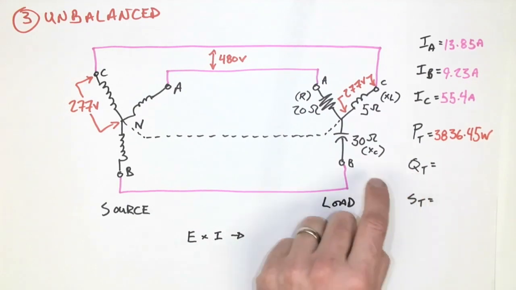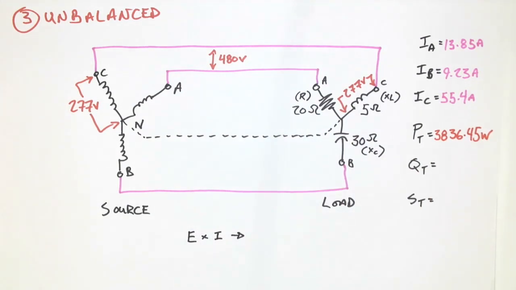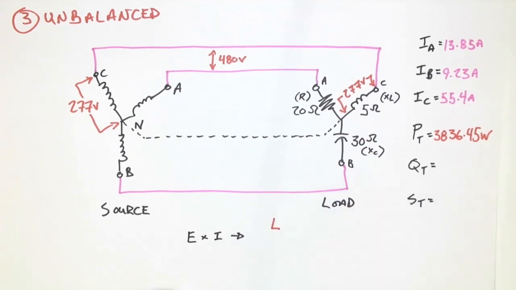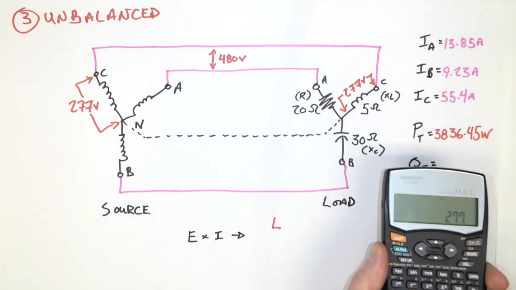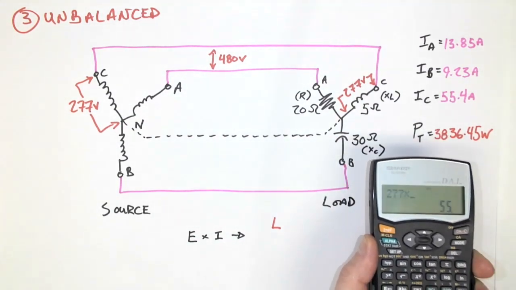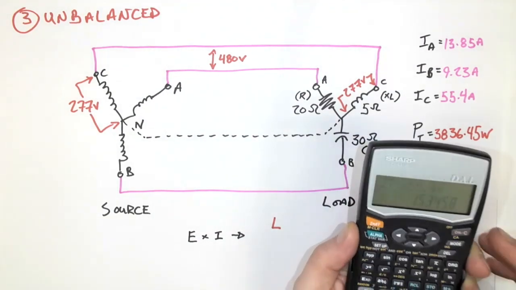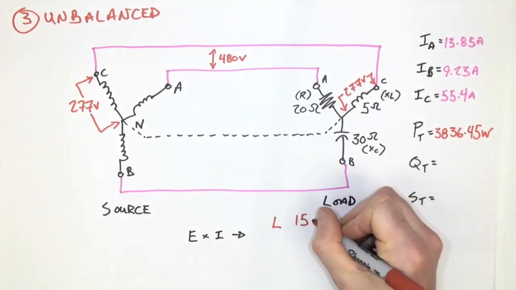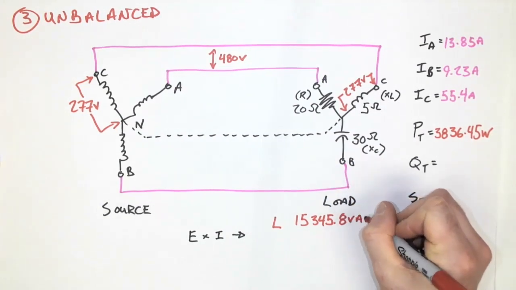The next one is the total Q. Now remember, we have capacitive and inductive, and that means that we're going to have to subtract the two. So I'm first going to do a calculation for the inductive, so L vars, and that would be 277 volts times 55.4 amps. That gives me 15,345.8 var.